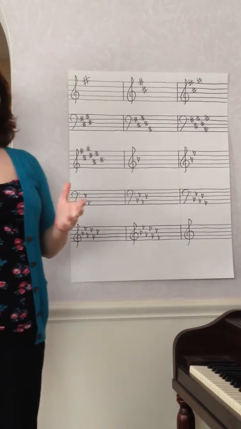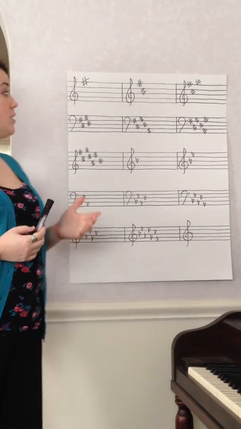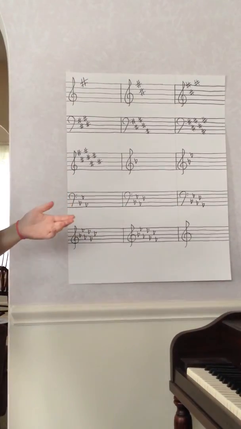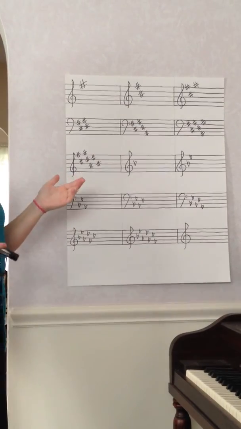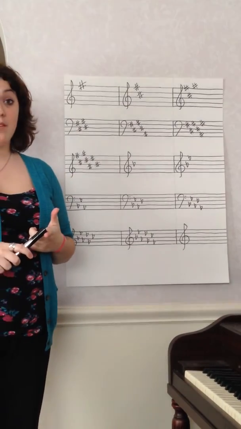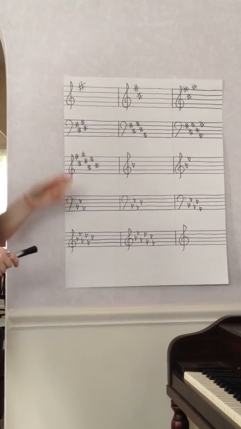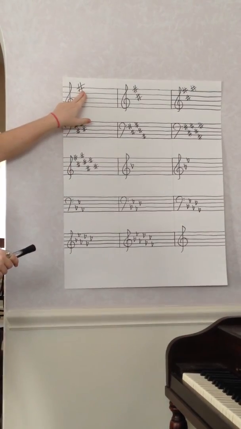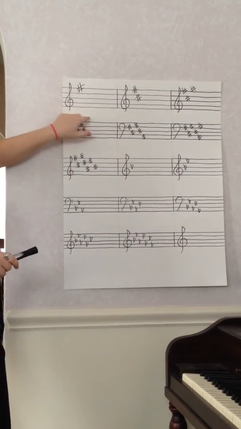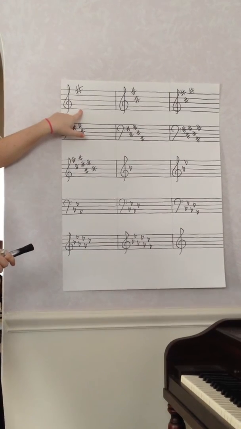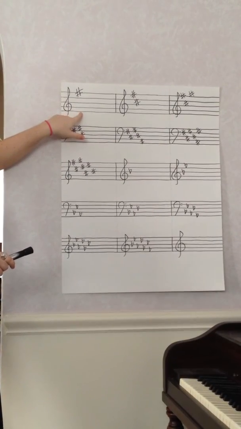Now there is a specific order that we use in the numbers of sharps and flats that we add, okay? We start with F sharp, okay? So here we will add our F sharp, and this key would be F sharp major?